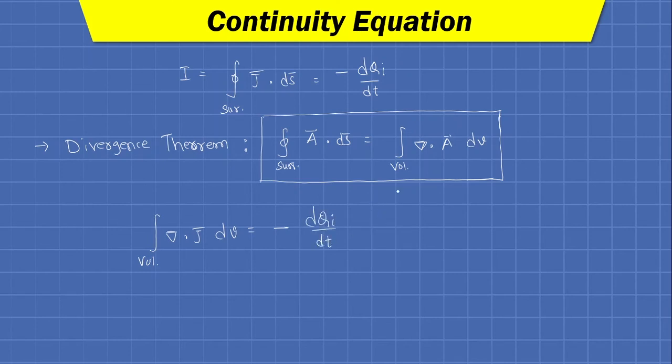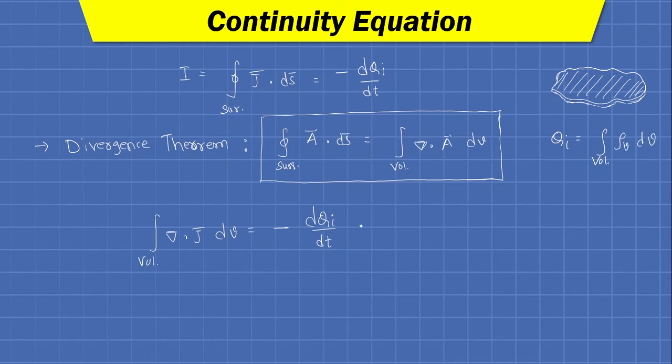Now qi, or say the charge enclosed by the surface. See, here the surface was no doubt two-dimensional, but its third dimension is also defined. Fine. Rather, its width is very less, but it cannot be 0. Fine. So we are considering this width, and considering this width, there is a volume defined in terms of space, and qi can now be written as the volume integration of rho v into dV.